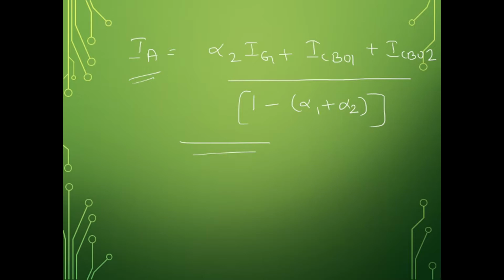So what is going to happen as the current varies? First we will see what happens if the gate signal is 0, and the second case is if the gate signal is not equal to 0. First we have to apply the gate signal, that means the case which is not equal to 0.